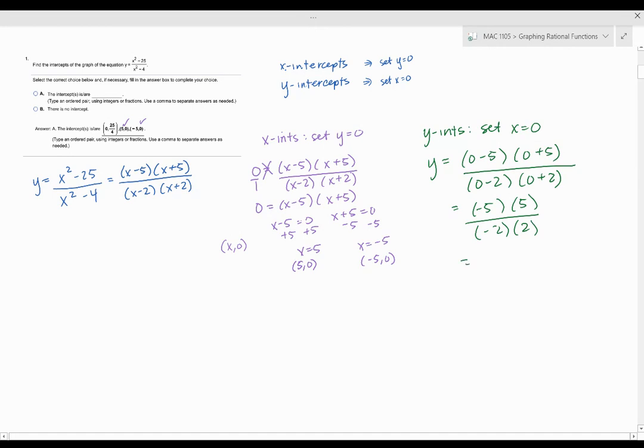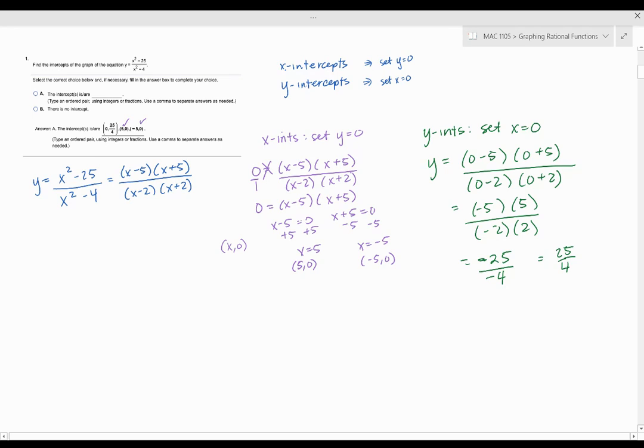So I'm going to multiply that together. So in the numerator, negative 5 times positive 5 is negative 25. All right, and in the denominator, negative 2 times positive 2 is negative 4. All right, anytime you divide a negative by a negative, that's positive. So 25 over 4. And I would see if it reduces. It doesn't.